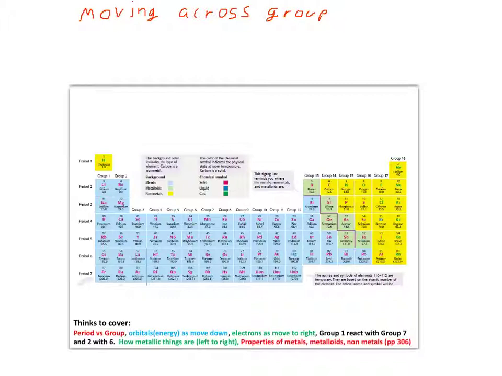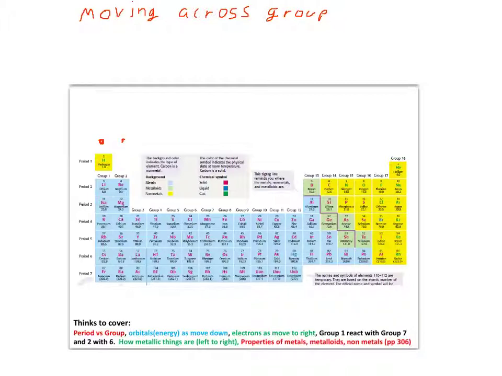Alright, well, what if we move across, left to right on the periodic table, or moving across the groups? And we did an activity in class where most of you discovered this, but it's worth just repeating. What we find is in group 1, all the atoms have one valence electron.